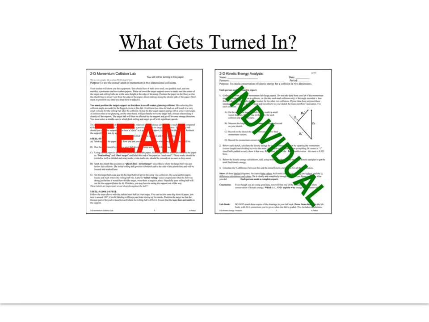As far as what gets turned in for this lab, there's a team portion and there's an individual portion. The team portion is the 2D momentum collision lab, which really just means that's the big paper with your momentum diagrams, all your numbers mapped out. It's basically where you get your data. The individual portion is, of course, this 2D kinetic energy analysis.